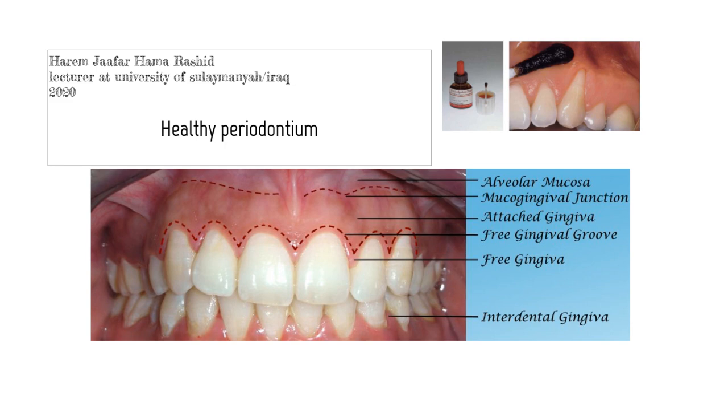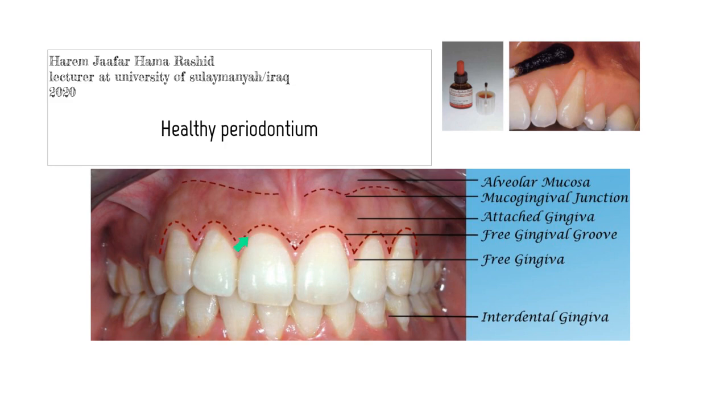As we know, healthy gingiva is pink in color, there is no redness and there is no swelling. And we should have the interdental papilla pyramidal in shape and filling the space between the teeth.